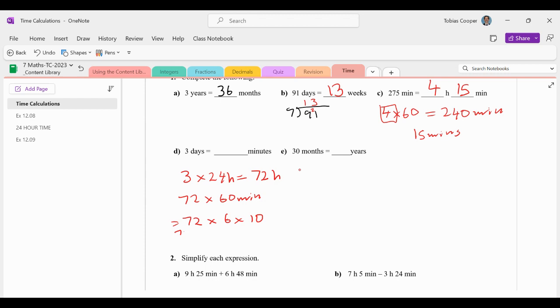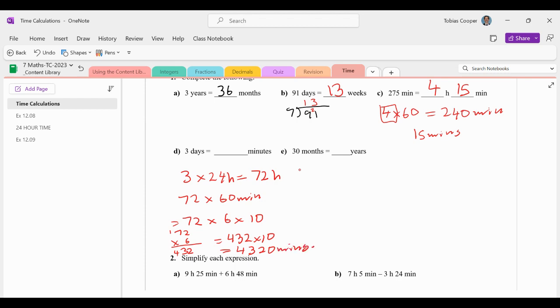So 72 times 6. 6 twos are 12. 6 times 7 is 42, plus 1 is 43. So you get 432 there. So 72 times 6 is 432. So then we're going to get 432 times 10. And then just add the 0. 4320. That'll be minutes.